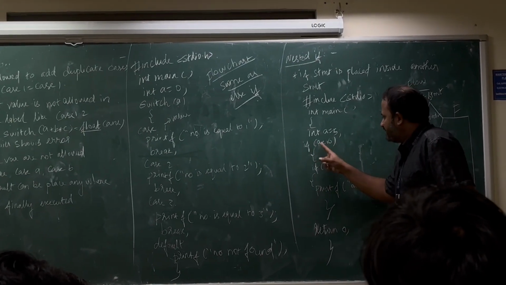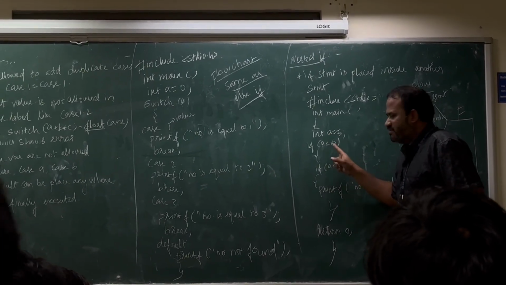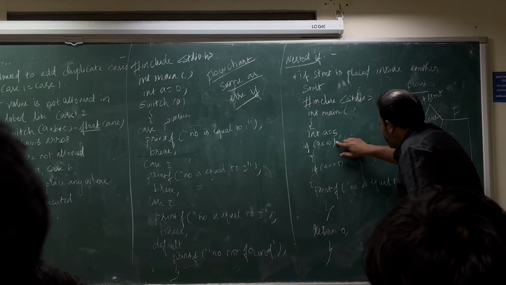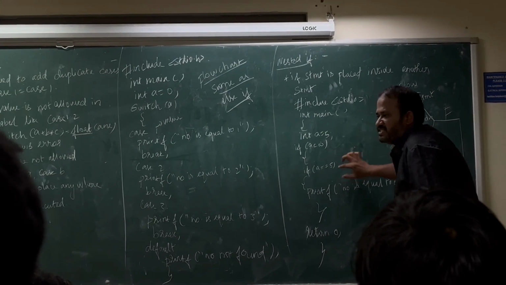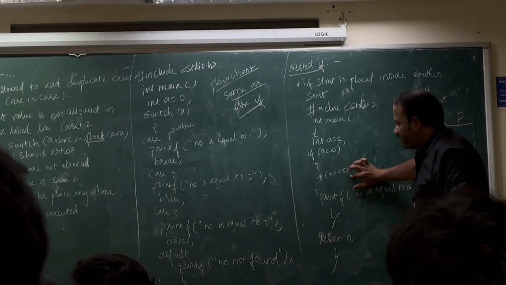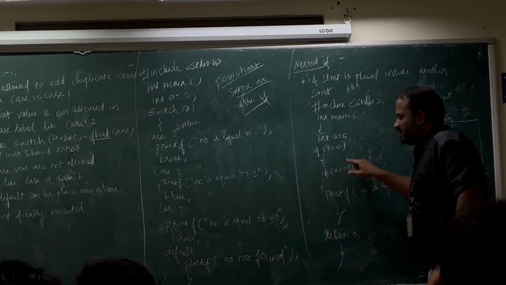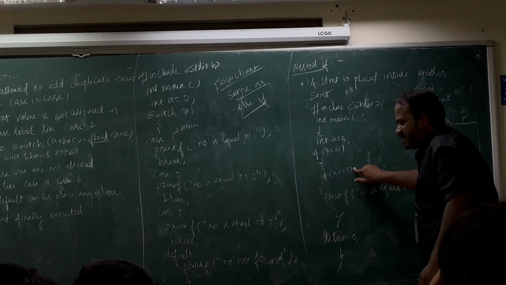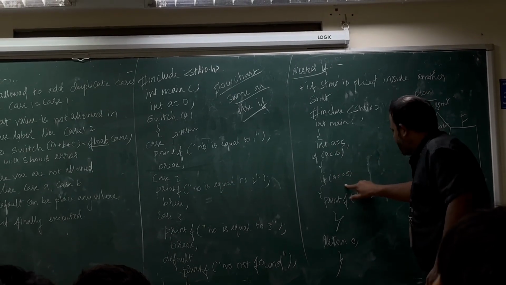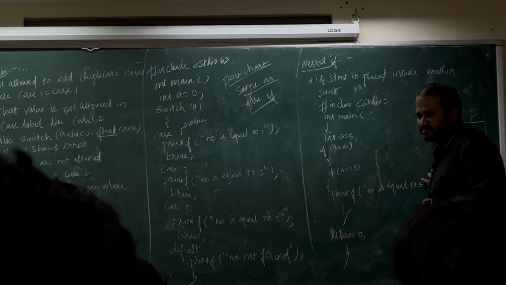Does this condition satisfy? It is 5, and 5 is less than 10. So now it will go to the nested if and check the second condition. What is the next condition? If a == 5. The first condition is satisfied and the second condition is also satisfied, so now it will print that the number is equal to 5.